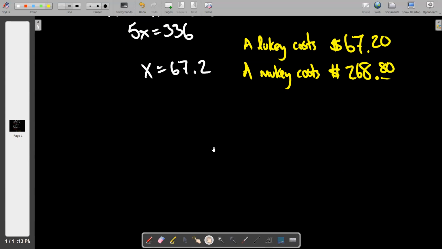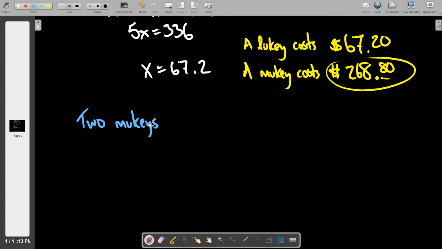So how are we going to figure that out? Plus itself, right? AKA times 2. So I'm going to just take the cost of a mookie, which is the 268.8. I'm going to double that bad boy. And then I'm going to write a sentence. I'm going to say something like 2 mookies would cost $537.60.